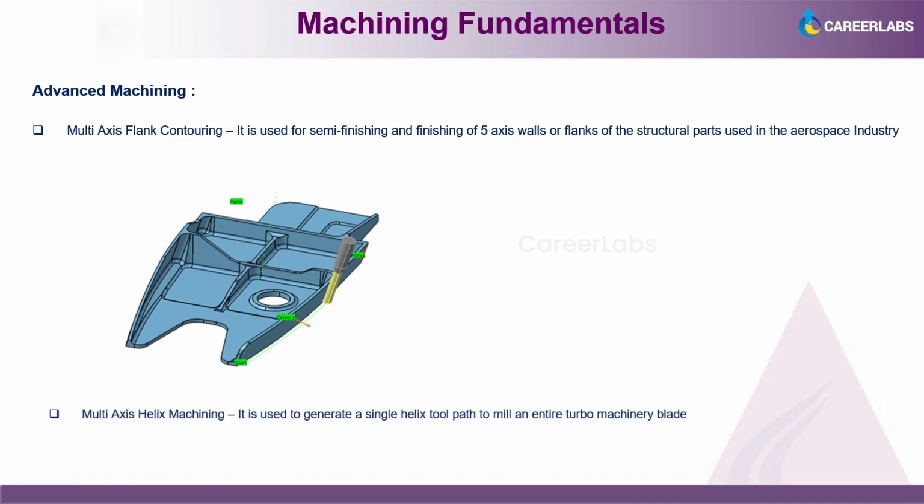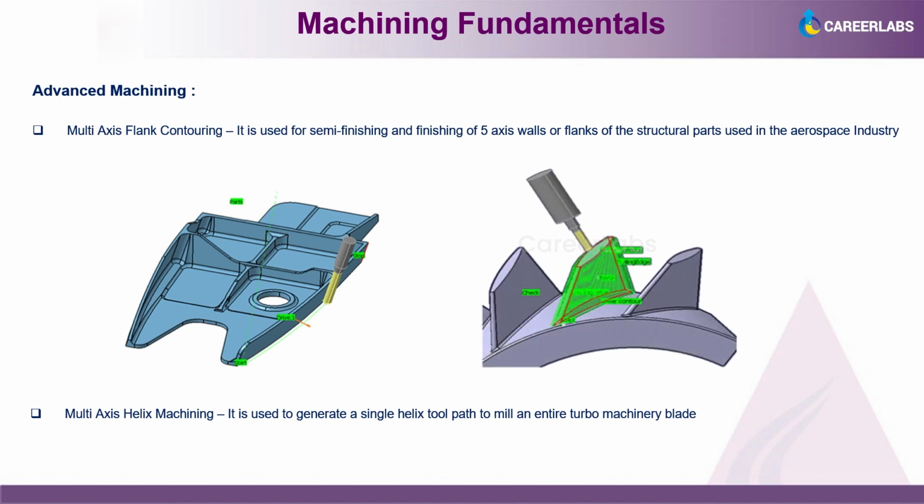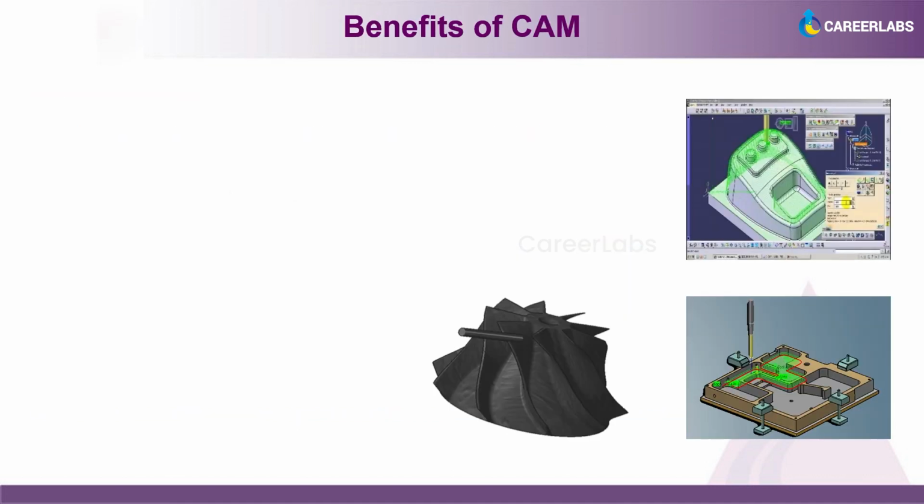There are a few advanced machining processes, particularly defined for customized structural parts, with respect to flanks on 5 axis for the aerospace industry. And multi-axis helix machining is one example, with a helix toolpath for an entire turbo machinery blade.